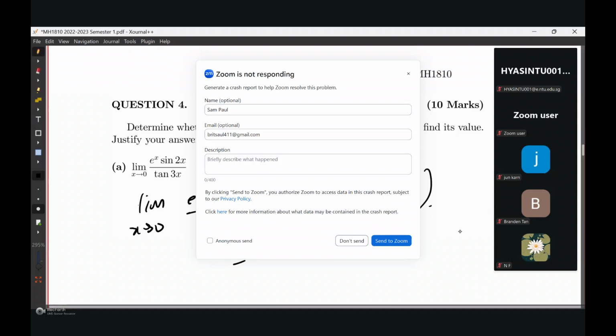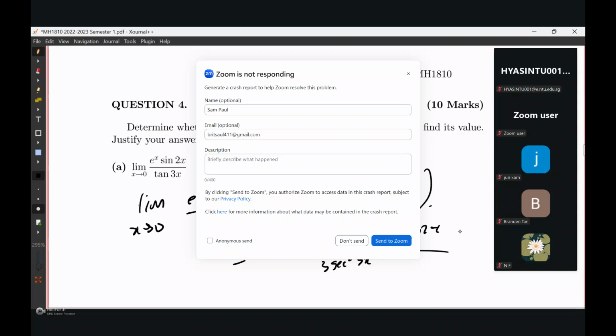So you can go ahead and differentiate the numerator and the denominator. Differentiating the numerator, you have e to the x times 2 cosine 2x, plus e to the x sine 2x, over secant squared 3x times 3, in the limit of x approaching 0.